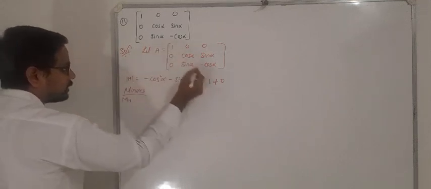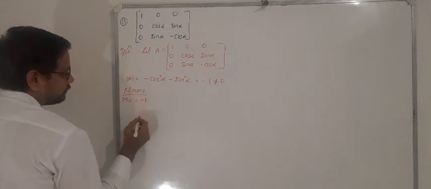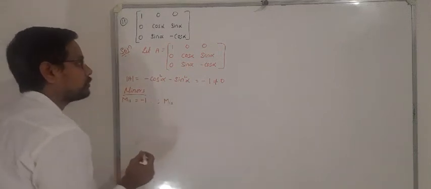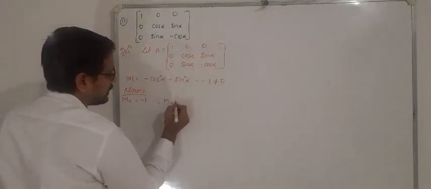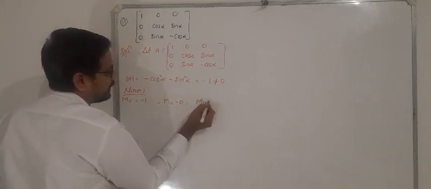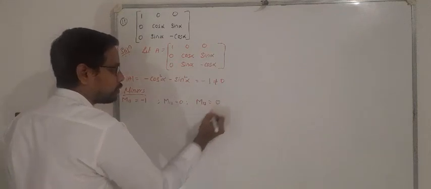M11, the minor of this one: minus cos square alpha minus sin square alpha, that is minus 1. Right? M12, the minor of this particular thing: 0 into 0, 0 into 0 is 0. M13, the minor of A13, that is 0 into anything is 0.